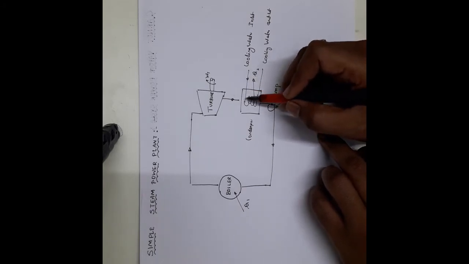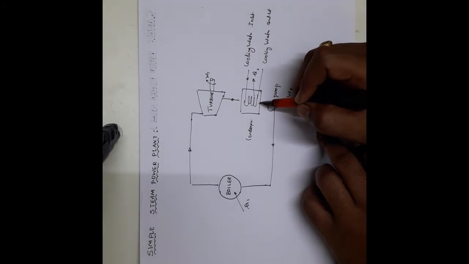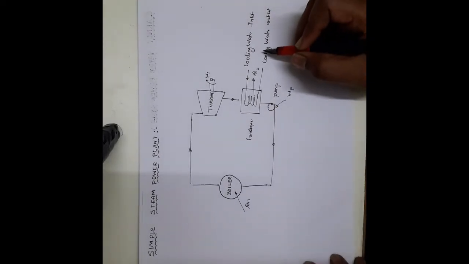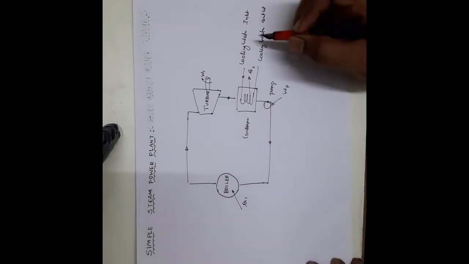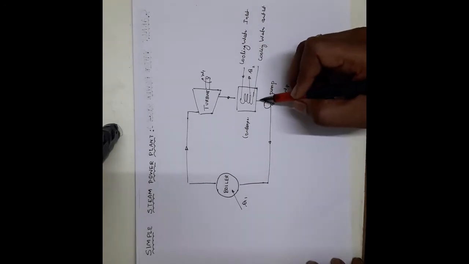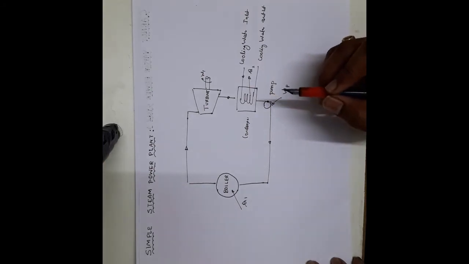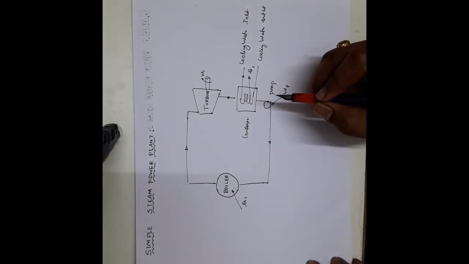So as we go into the topic you will understand. Then it goes to the condenser where it is cold, and the steam is condensed, as the name itself indicates, it is a condenser.